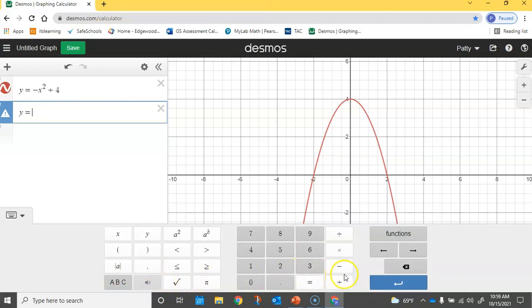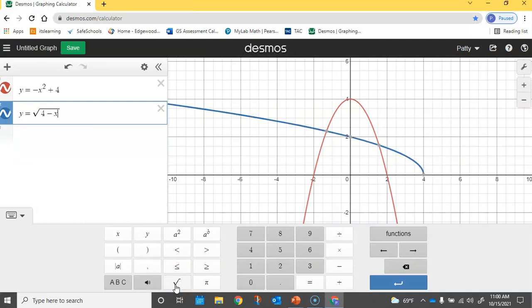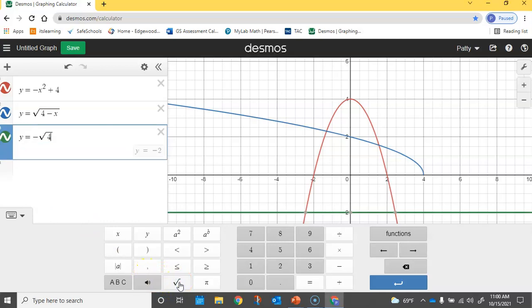I do not see a plus or minus sign. So I'm going to do the positive square root of 4 minus x, and the negative square root of 4 minus x.